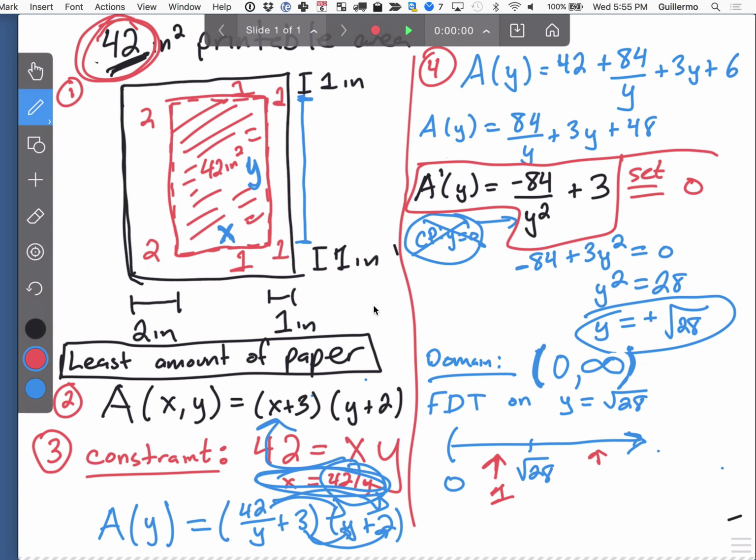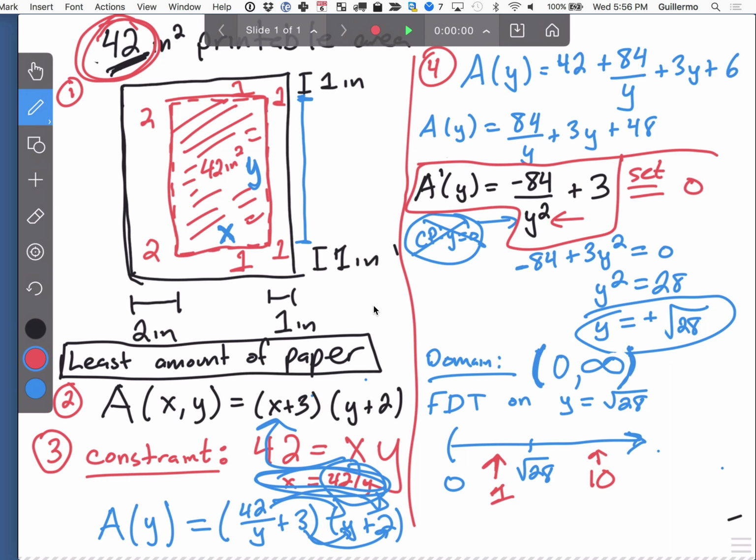So what would be a good test point? 6 is okay. You're going to square it. So notice you're going to plug it in right there, right? So maybe 6 is fine, but 10 is better, right? Because then you'll have 100 on the bottom, so it's nice to work with.